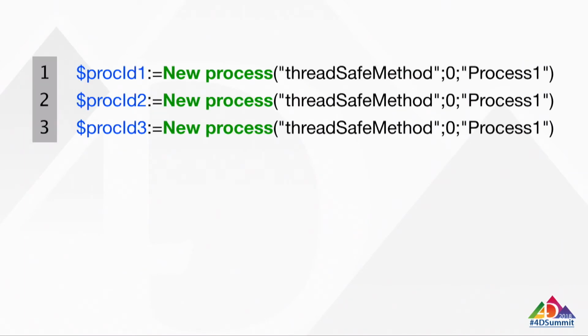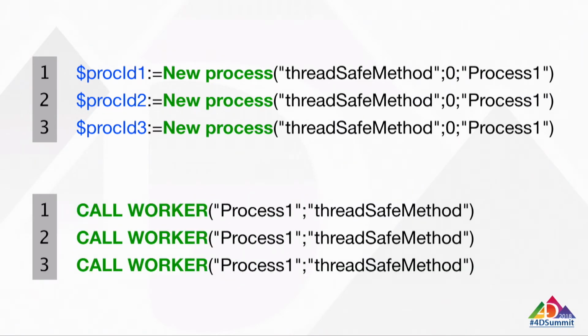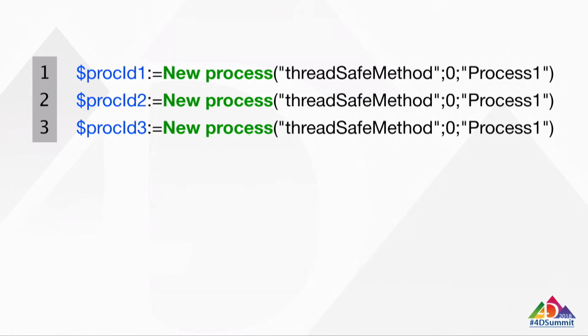I'm going to give you a simple comparison between the New process command and the worker command. I'm going to use the scenario of calling these three lines, for each command, 3 times in a row. So we'll start by using New process.